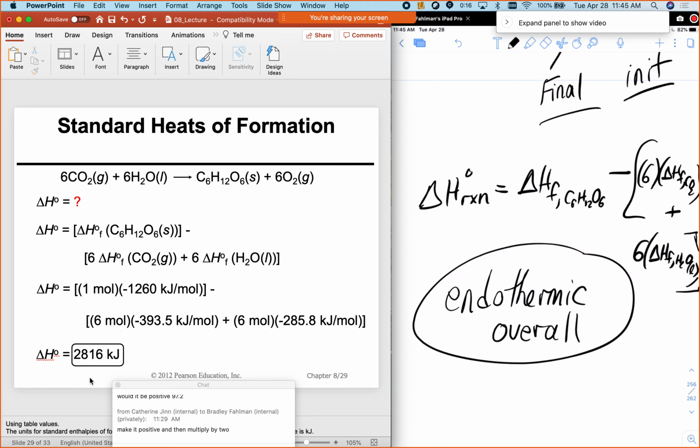This says that it absorbs about 2,800 kilojoules of energy. Notice the units are kilojoules, not kilojoules per mole, because the moles cancel out when you multiply by these coefficients. The reason we got rid of oxygen is because it's an element, so the delta H of any element by itself is 0.